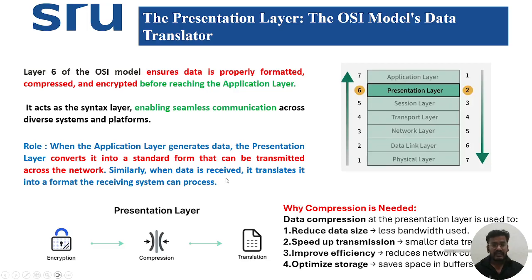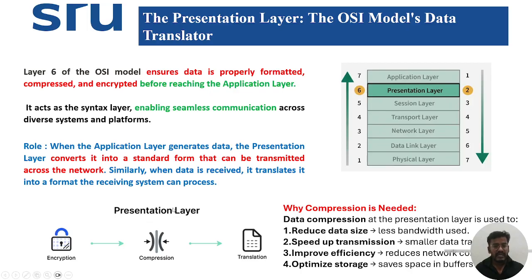Similarly, when the data is received, it is translated into a format that the receiving system can process. So for example, data translation is also possible in the presentation layer. When the data is received in one kind of format, it is translated into the format the receiving system can process.